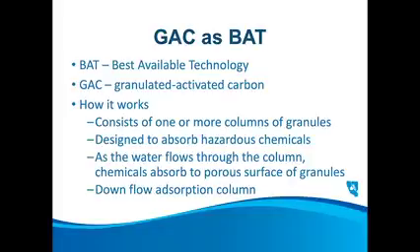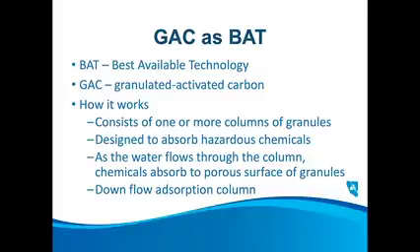So just a little background on how GAC works. The design consists of several vessels that are different columns of the granules of the GAC material. It's designed to absorb hazardous chemicals, and as the water flows down through the column, the chemicals absorb to the porous surfaces of the granules.